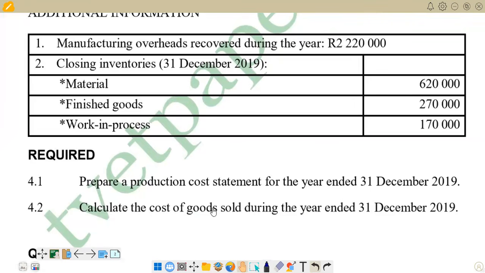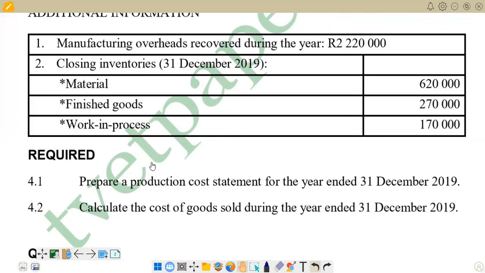On the calculation of cost of goods sold, remember, we are just going to use the format that we use in the trading account, whereby we start with opening inventory of finished goods. We add purchases, we less purchase returns if they are there, and also we subtract the closing inventory.